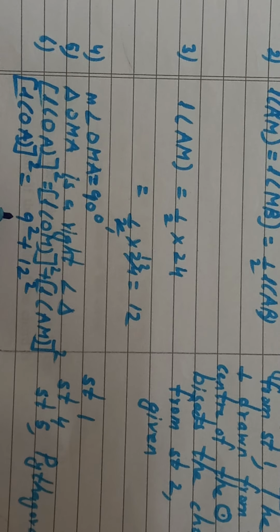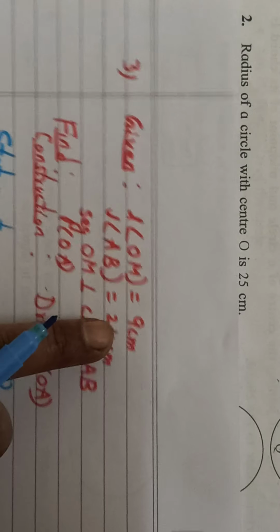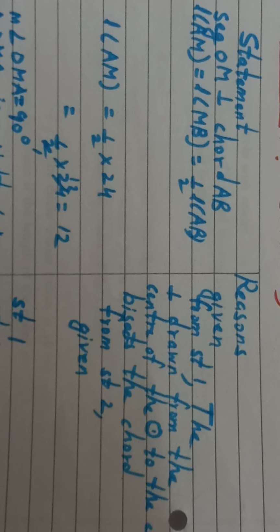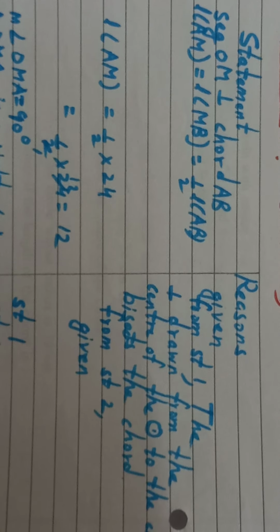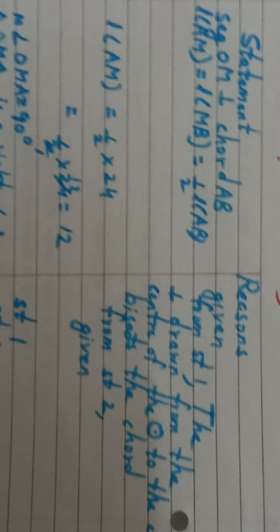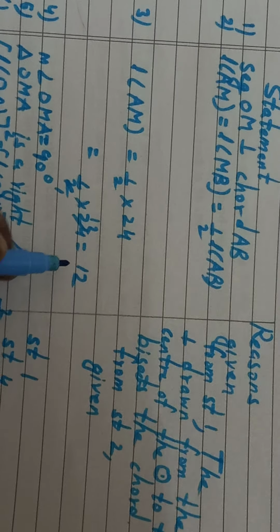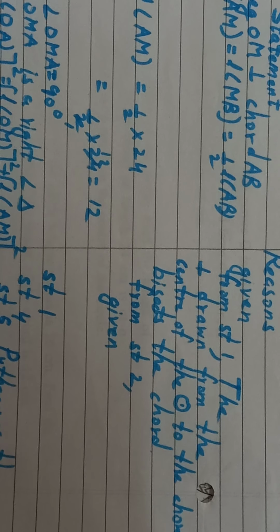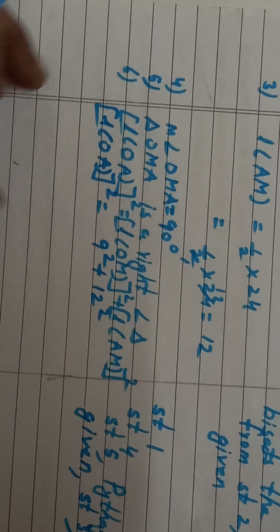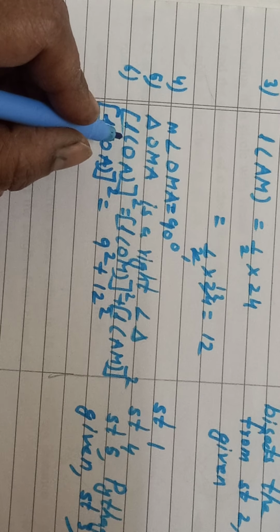Now from where did we get 9? From given, 9. So we will write the reason, given. And what is the other? Here 12, from where did we get it? Statement 3. Statement 3 we got. And this full step, from where did we write it? From statement 6.